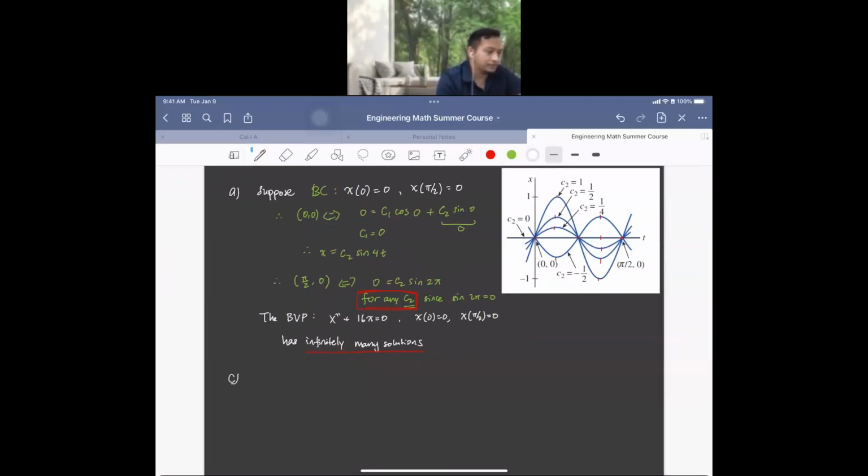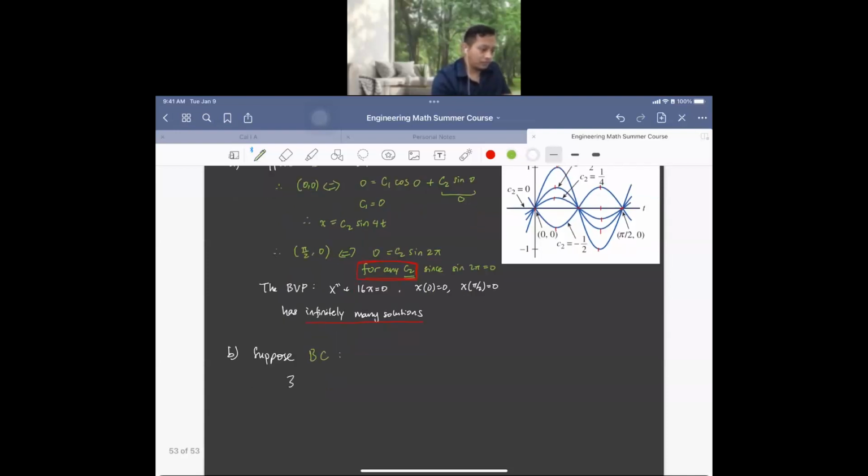Second case. Suppose we change the boundary condition. So BVP: x double prime plus 16x equals 0, and then let's say we have x(pi/8) equals 0.